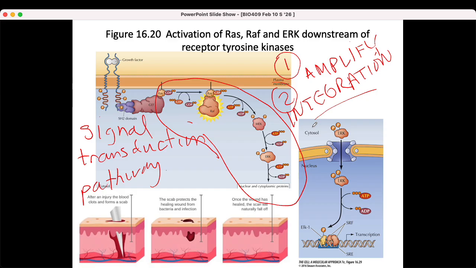So we could call that ELK target genes, but we can also call them PDGF target genes, because that's who's regulating this, right? It's the PDGF story. Goes back to that. And all this stuff is just in between PDGF and the cellular response. You know, the biochemistry in between, okay? All right, fabulous.